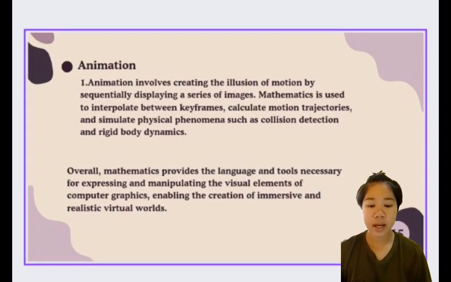Animation. Animation involves creating the illusion of motion by sequentially displaying a series of images. Mathematics is used to interpolate between keyframes, calculate motion trajectories, and simulate physical phenomena such as collision detection and rigid body dynamics.